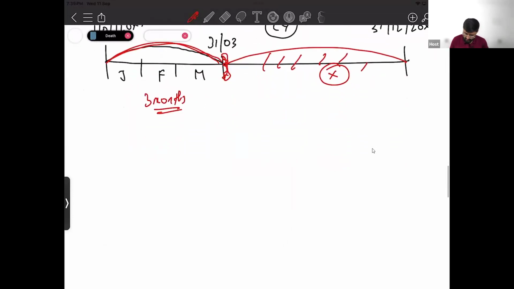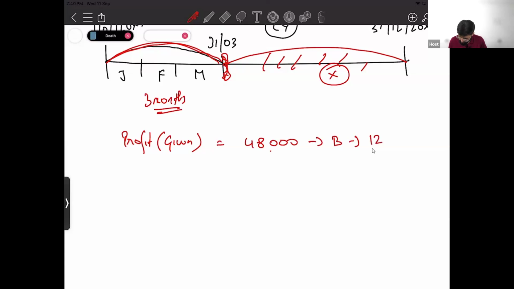Let's see the profit given in the question. 48,000. This is the profit of the business of 1 year, 12 months.